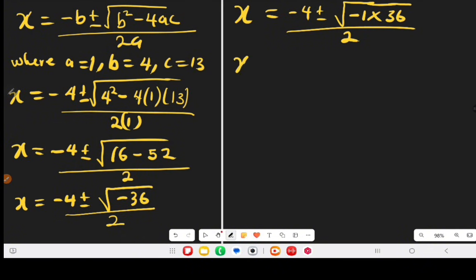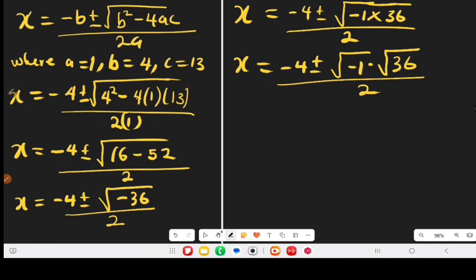Now we move further. x is equal to minus 4 plus or minus square root of minus 1 times square root of 36 all over 2. We continue. Anytime we see square root of minus 1, it is denoted by i.